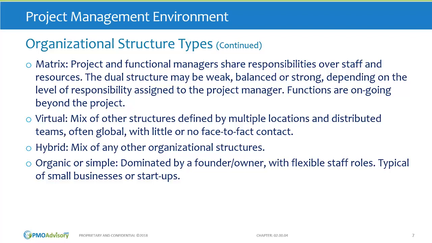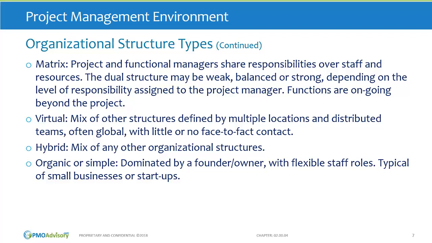This could be the occasion for either collaboration or conflict. This dual structure also can vary in degree as defined as weak, balanced, or strong, depending on the point of view of the project manager.